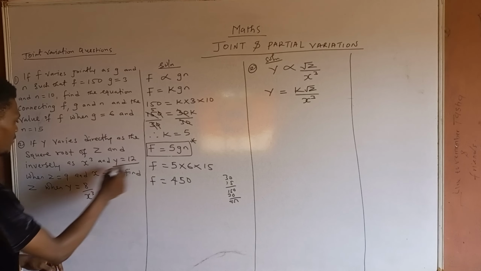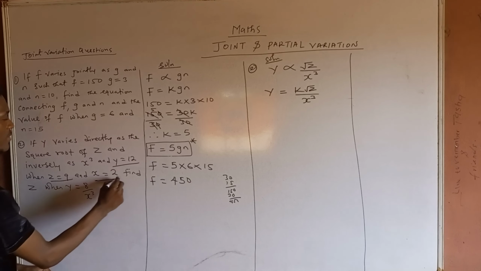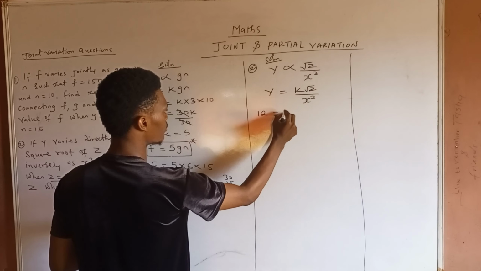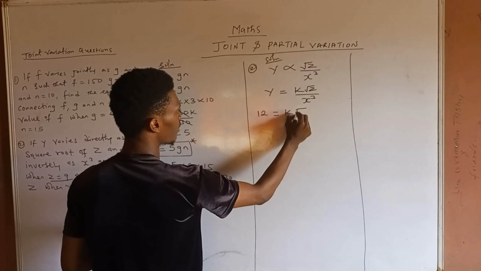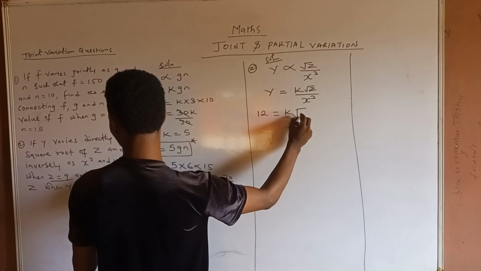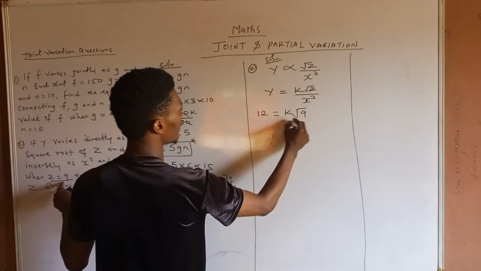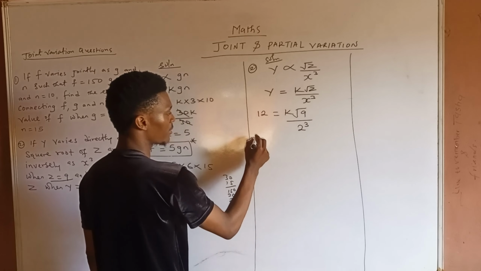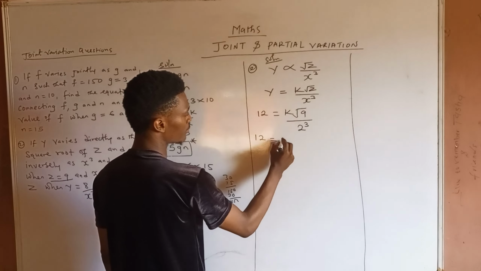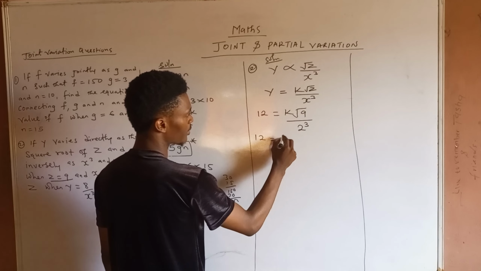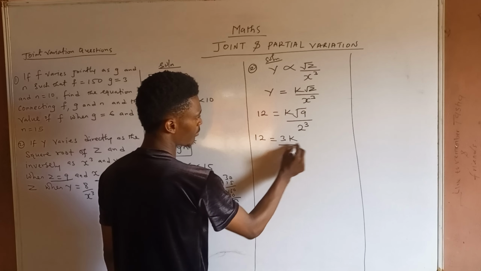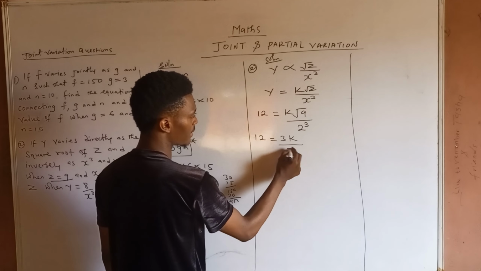So now we are given the value of y, z, and x. Our y value is 12, our z value is 9, our x value is 2. So in place of y, I put 12 there, equal to k, then what's our z? Our z in this case is 9, and our x is 2, so 2 cubed. That becomes 12 is equal to, we want to get the k value now, so root 9 is 3, so that's 3k over 2 times 2 times 2, that's 8.